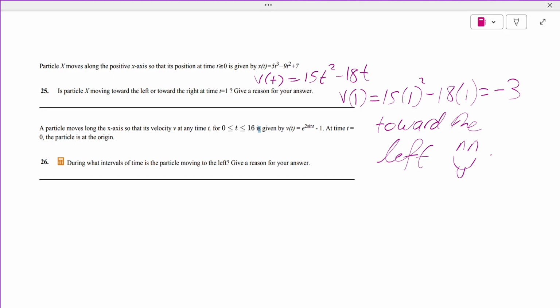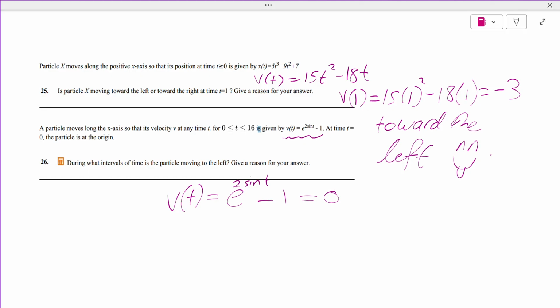A particle moves along the x-axis and the velocity is given by this function. During what intervals of time is the particle moving to the left? Well, we have to set the velocity equal to 0 to find where the particle is at rest. e to the power of 2 sine t minus 1, set equal to 0.